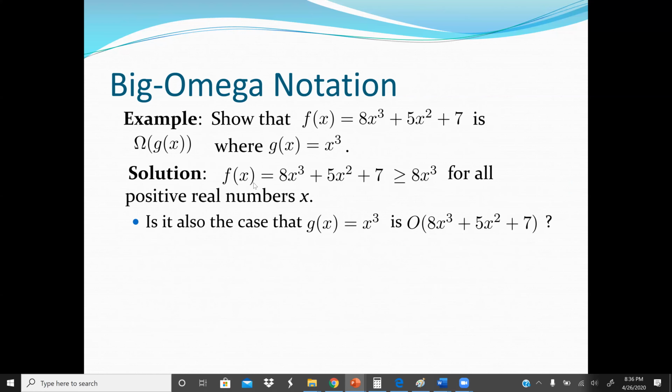So the solution here: f at x, which is x cubed plus 5x squared plus 7, should be greater than or equal to x cubed, which is the g at x, for all positive real numbers x. And it's also the case that g at x equal to x cubed is big O of x cubed plus 5x squared plus 7.